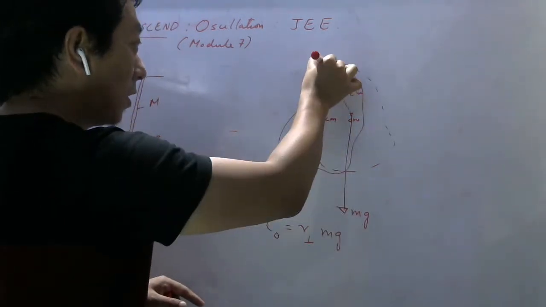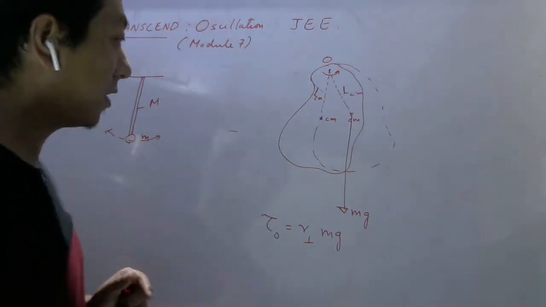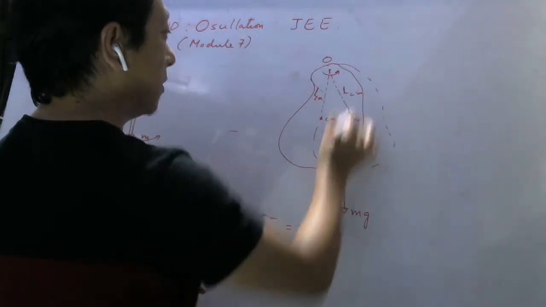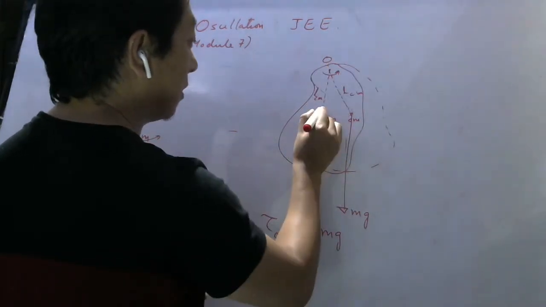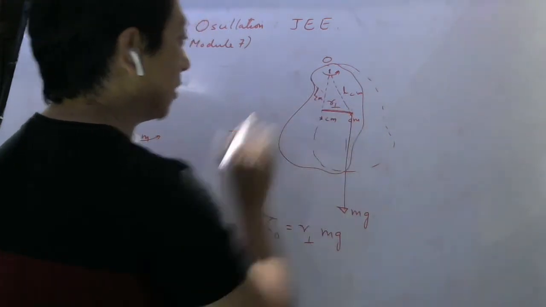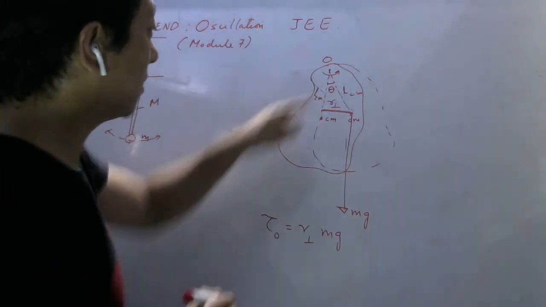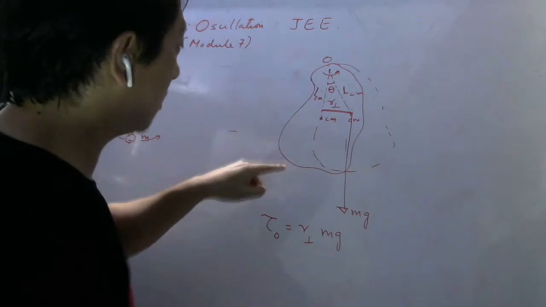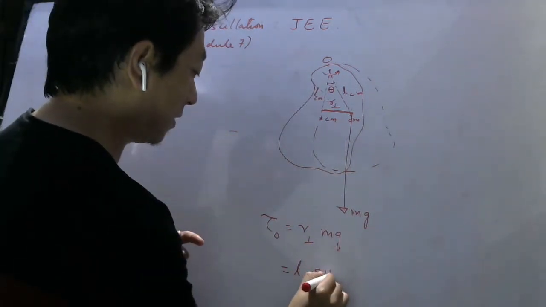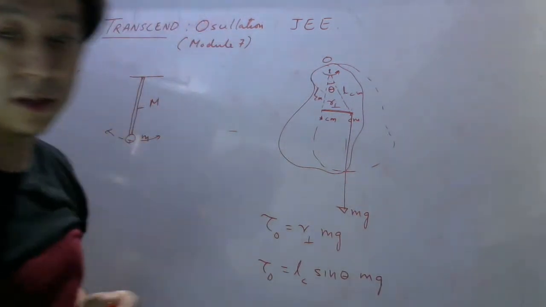The force, whatever force acts at the pivot, will not create torque about that point itself. So what is R perpendicular? If you extend the line of force, this is the pivot, so this will be R perpendicular. If the angle by which it has been displaced is theta, then R perpendicular will be LCM sine theta, into mg. So that is your torque about the pivot.